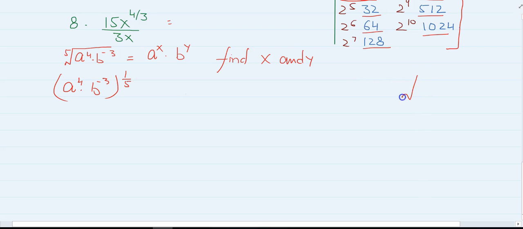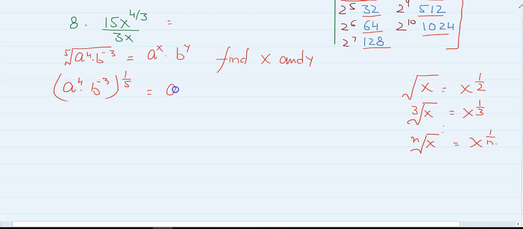You must be aware about it. The square root of x is x to the power half. Cube root of x is x to the power 1 over 3. In the same way, nth root of x is x to the power 1 over n. In the same way, it is a fifth root, so it is the power 1 over 5. Now we have two terms, a to the power 4 and b to the power minus 3.